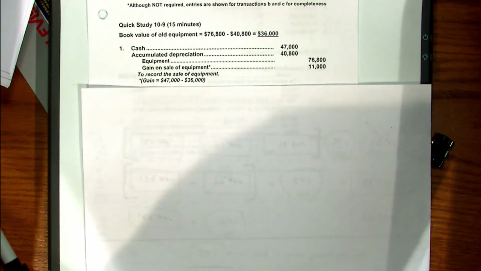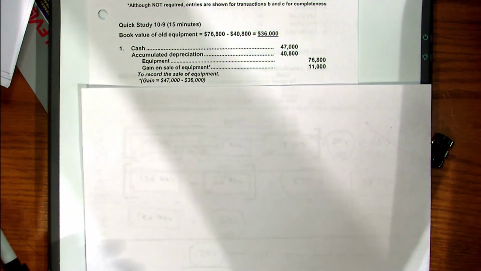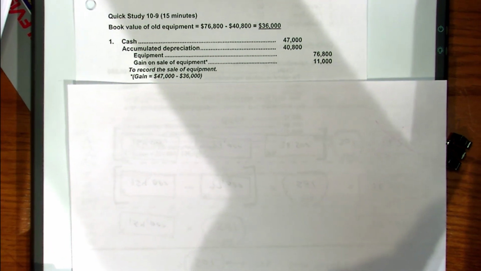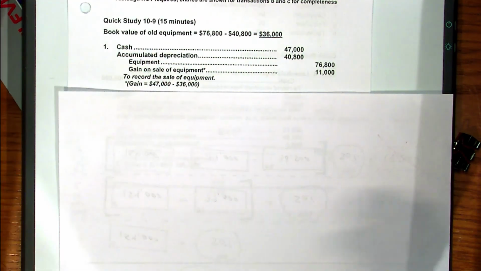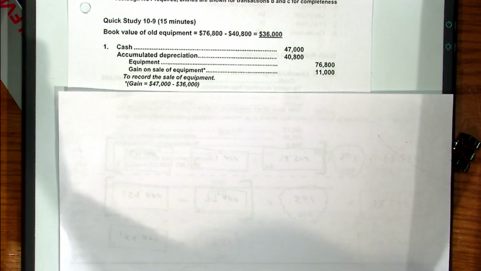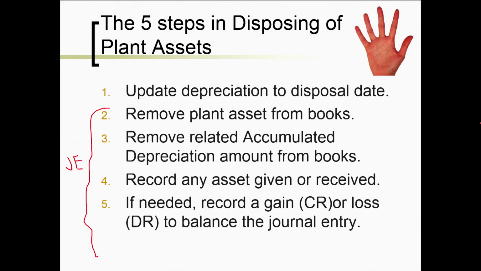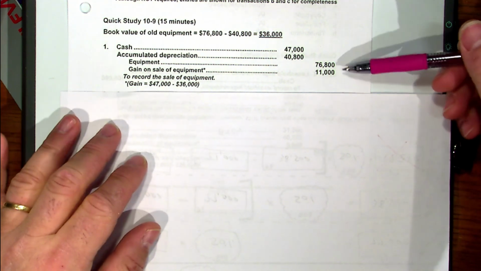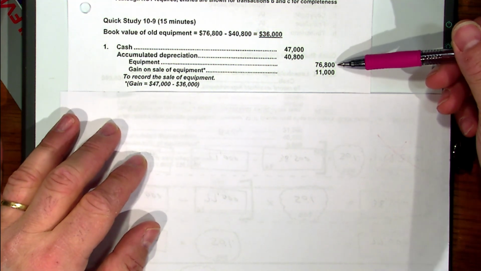If you folks at home aren't done, just pause this and start us up when you are. But let's look at the first situation. First situation is we sell it for cash of $47,000. Is that correct? Once again, we have done the first step, but we're doing steps 2, 3, 4, and 5. So we take the equipment off the books that we're disposing of.